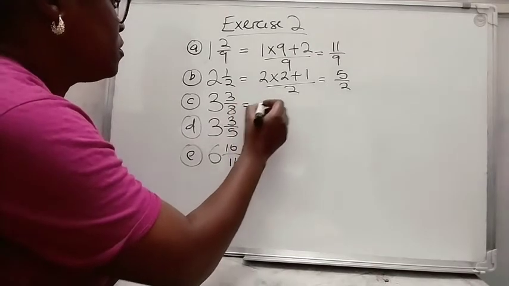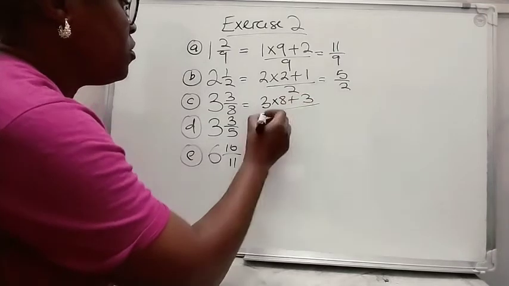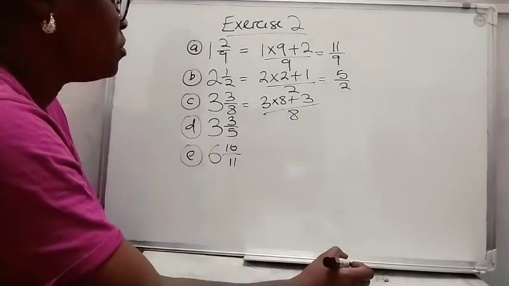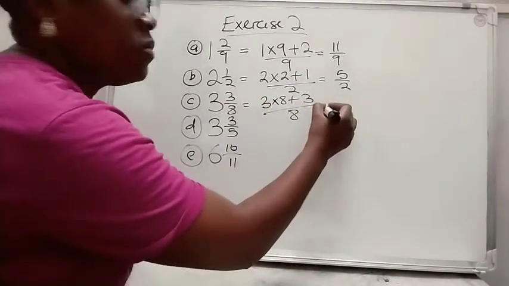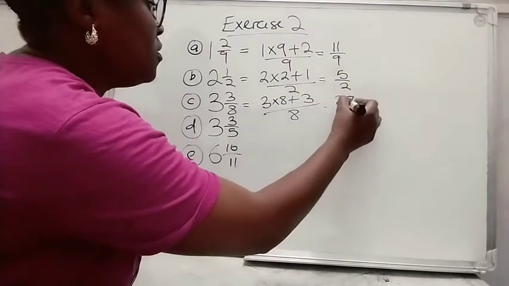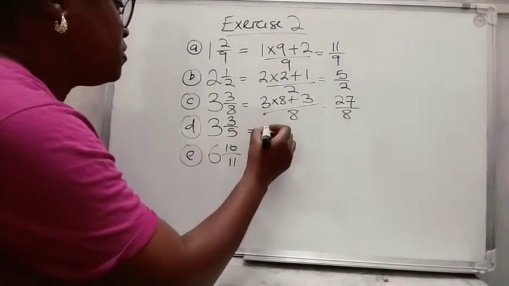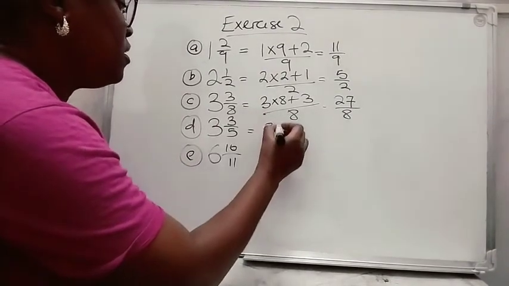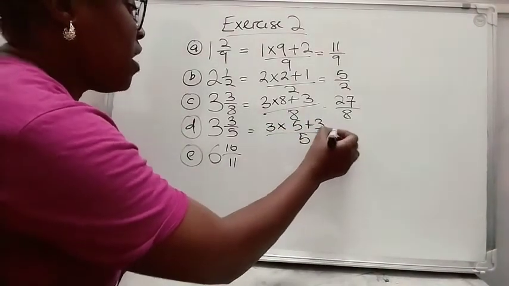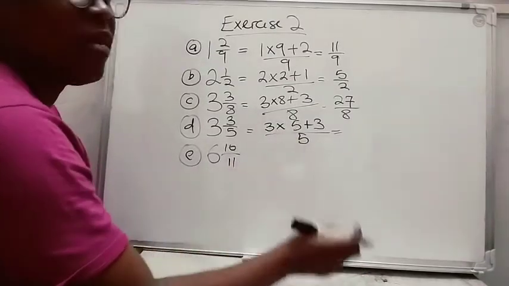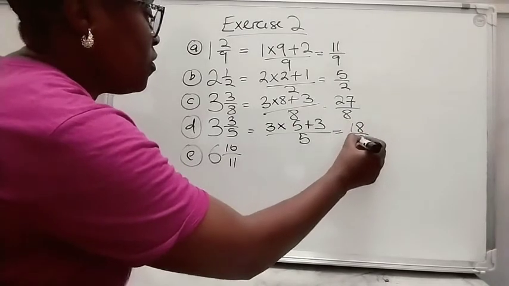The next one, the whole number times the denominator plus the numerator all over the denominator. 3 times 8 is 24, plus 3 gives us 27 over 8. The next one is the whole number 3 times the denominator 5, plus 3, all over 5. 3 times 5 gives us 15, plus 3 gives us 18 over 5.